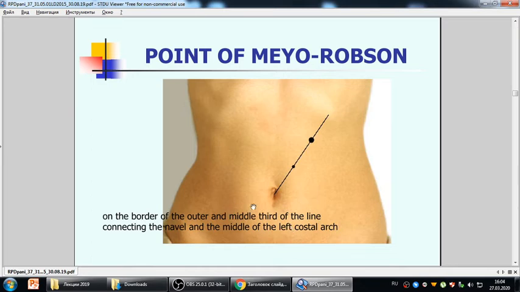Also, we should assess another point, Meyer-Robson point, on the border of the outer and middle third of the line which connects the navel and the middle of the left costal arch. And here is the body and tail of pancreas.